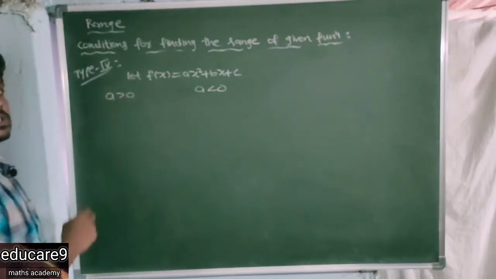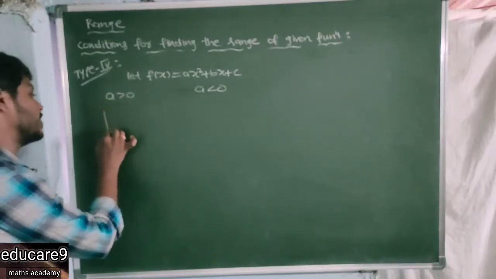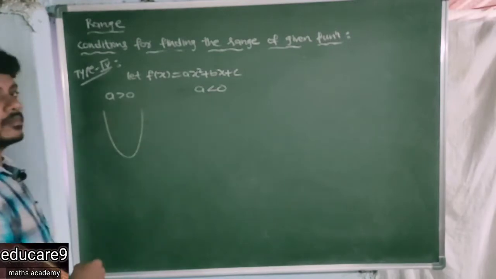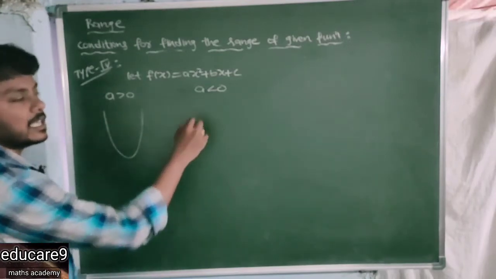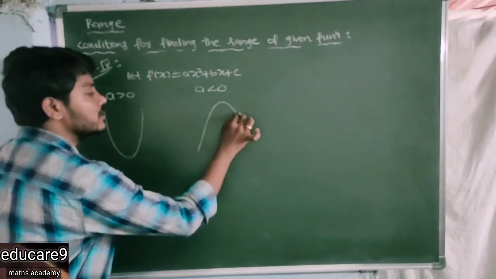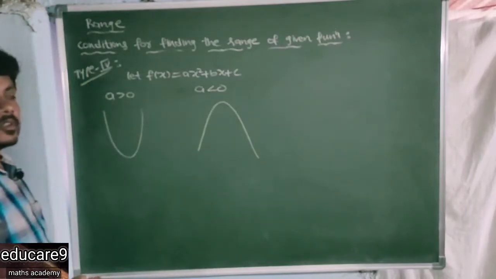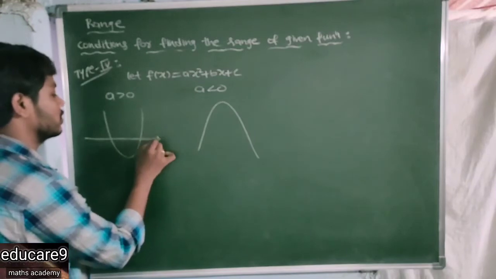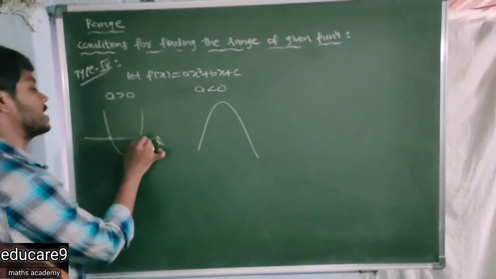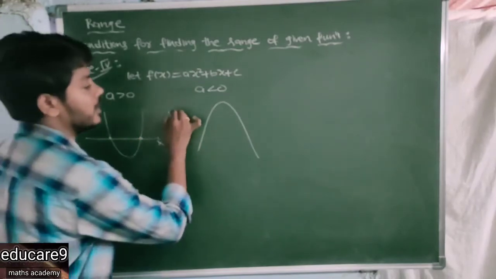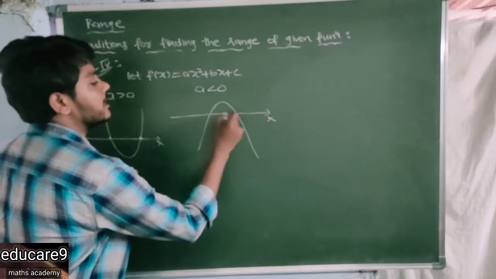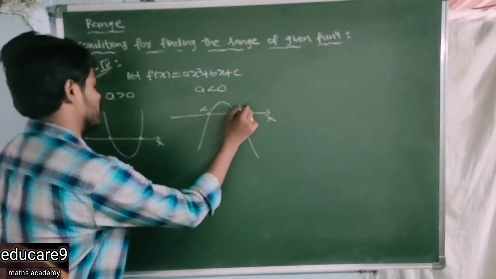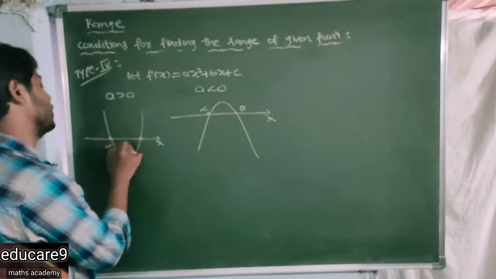If a is greater than 0, in that case the graph is like this. If a is less than 0, in that case the graph is like this. So for example, this equation has two roots, so it intersects the x-axis at two distinct points. Here also it intersects the x-axis at two distinct points, say alpha and beta.